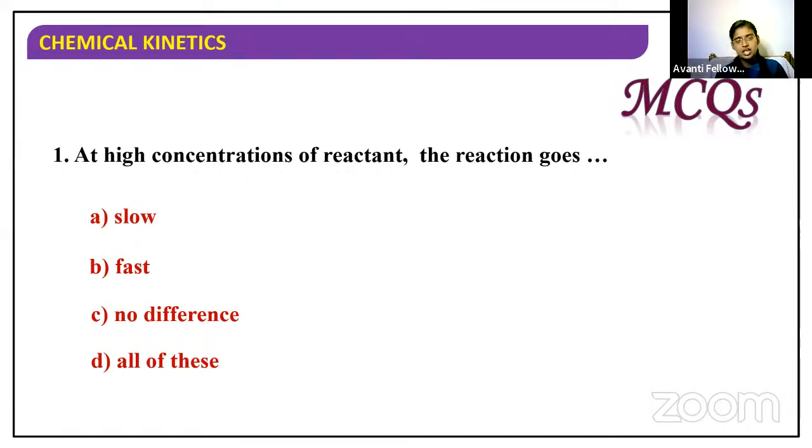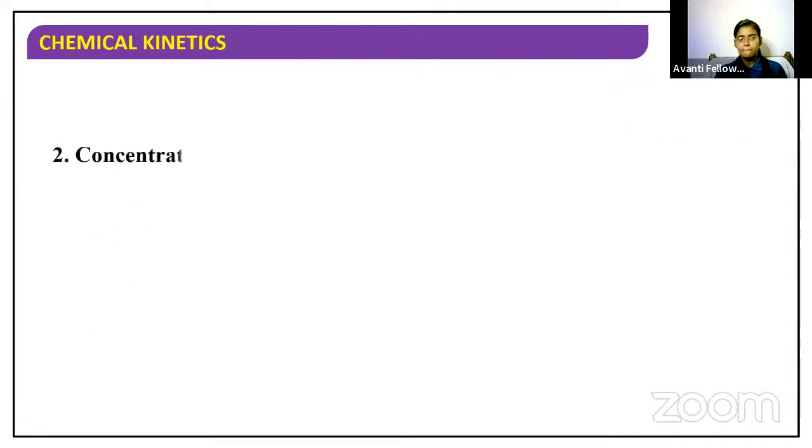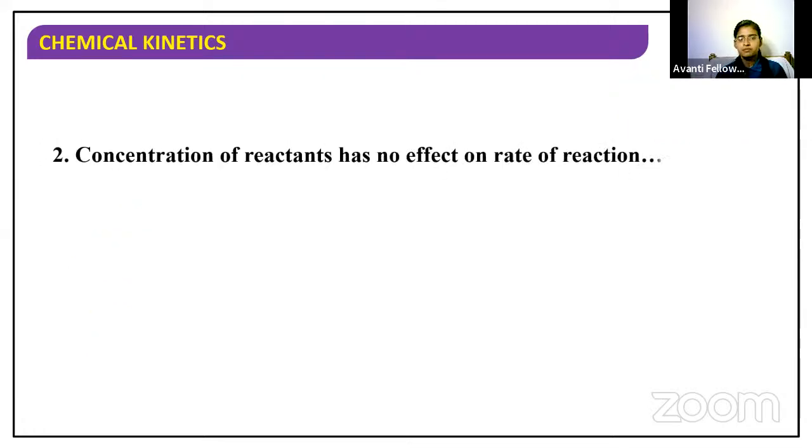Sanika, Mahit, Sakshi, are you sure? Option B is the correct answer. Everybody is saying option B, so it should be the correct answer. Higher the concentration, higher is the reaction rate, so it will occur very fast. Very good, students. Now let me go to the second question.